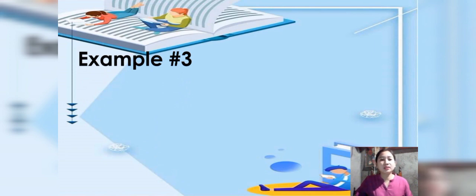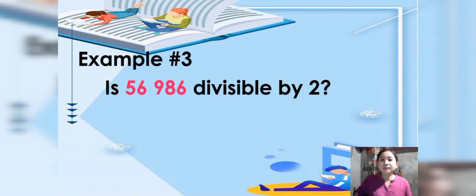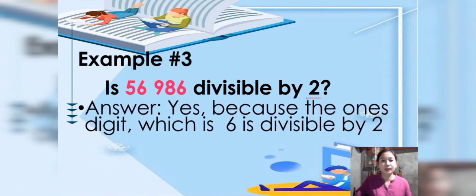Let us now proceed to our third example. Is 56,986 divisible by 2? The answer is yes, because the ones digit, which is 6, is divisible by 2.